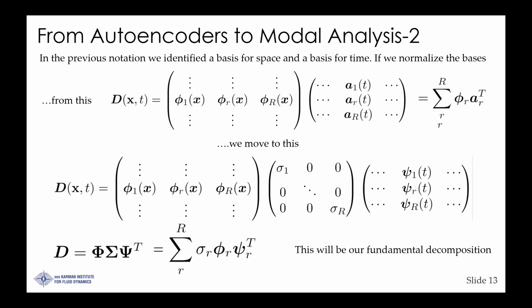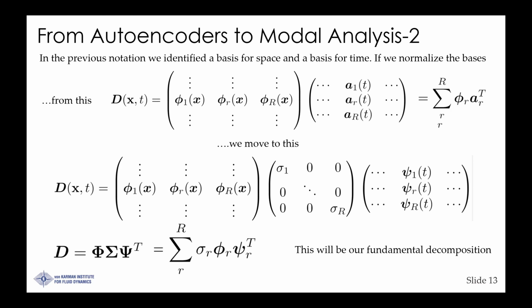Let's look at that. D is the sum of sigma times phi times psi transpose. Now phi is a basis for the columns of D. So what is the dimension? N_S times 1. Psi is the basis for the rows of D, so the dimension is N_T times 1.